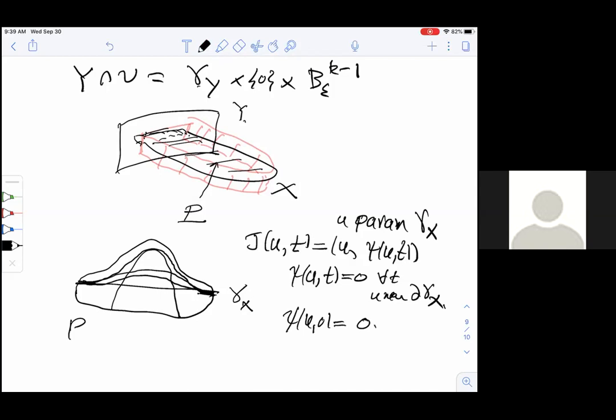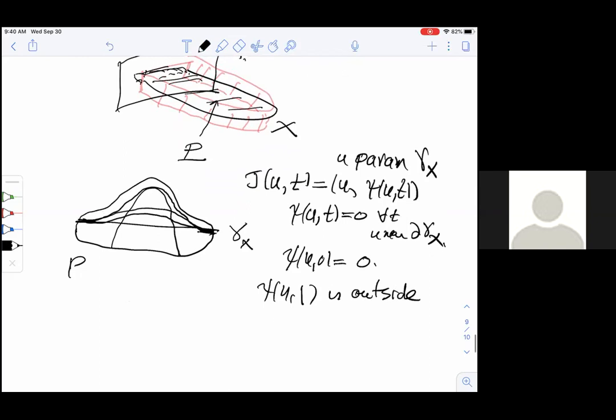This isotopy is going to start at the given embedding, x naught, along the x-axis. And the last condition is that psi of U 1 is outside the intersection of the unit disk with P.